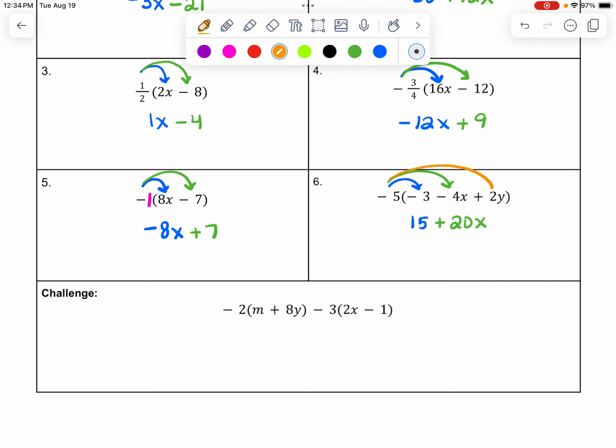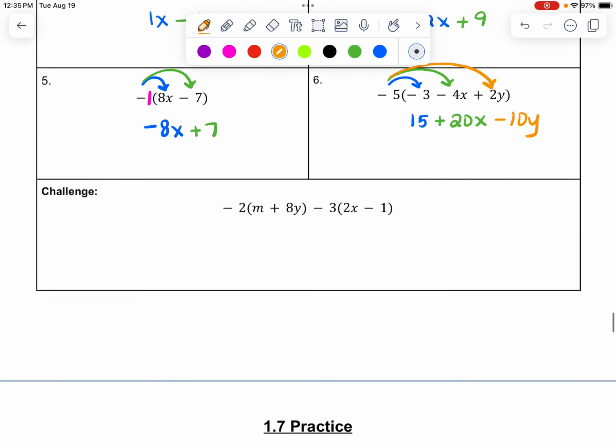And -5 times positive 2y is -10y. Really watch your signs there because you are multiplying by a negative, so it does have to change the signs of everything that's being multiplied.